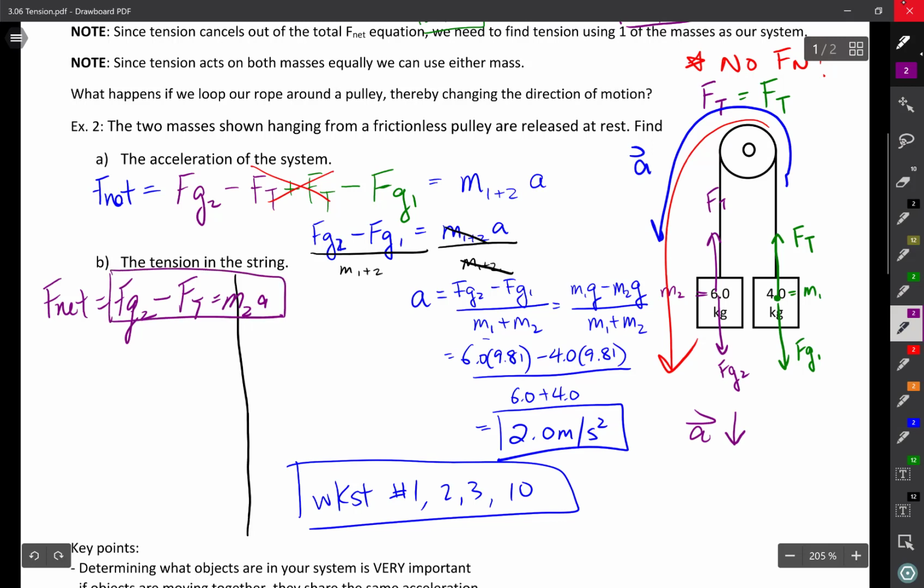Looking at our F net equation, I know that Fg is m2g minus Ft equals m2a. And to solve for Ft, I am going to put Ft on the other side to make it positive, which then gives me m2g equals m2a plus Ft.